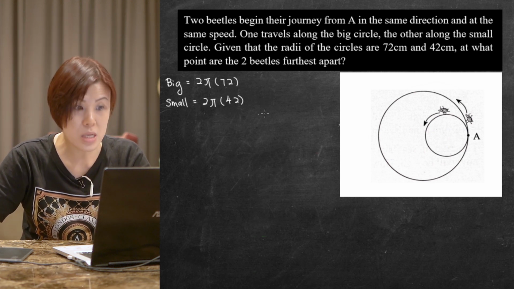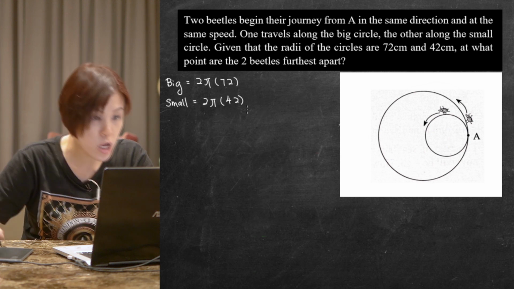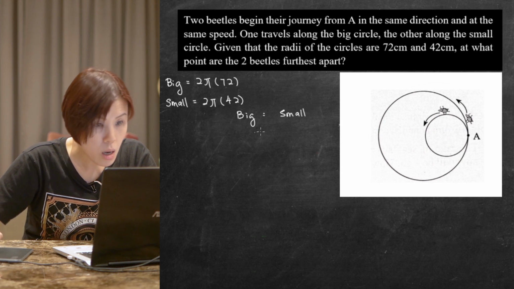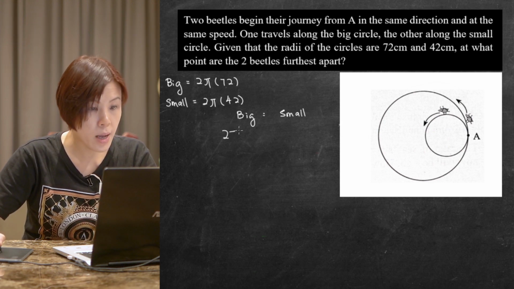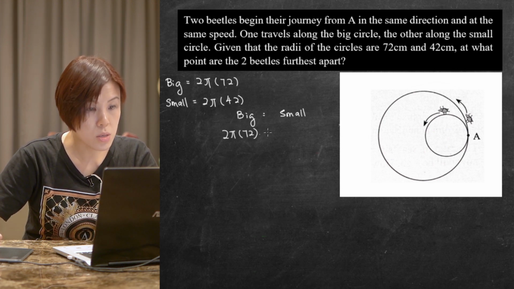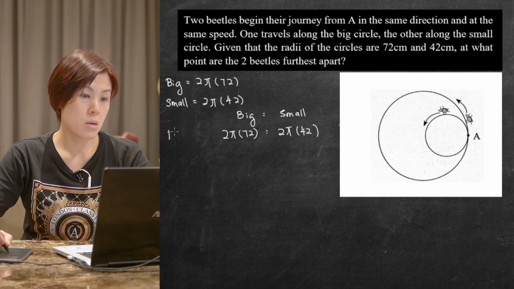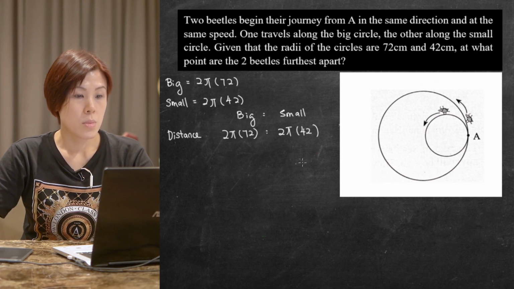Next, I'm going to put these circumferences, or distances, in a ratio: big to small, 2 pi times 72 to 2 pi times 42.